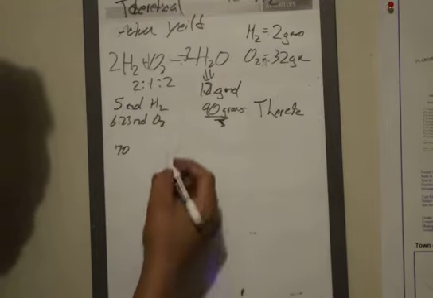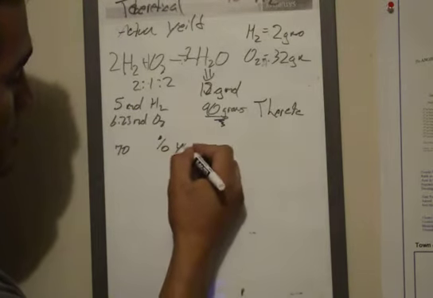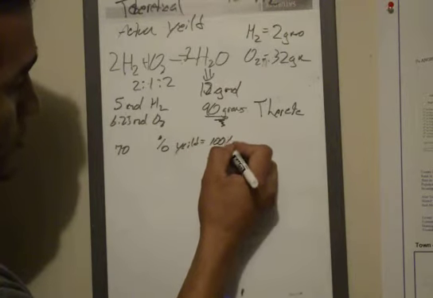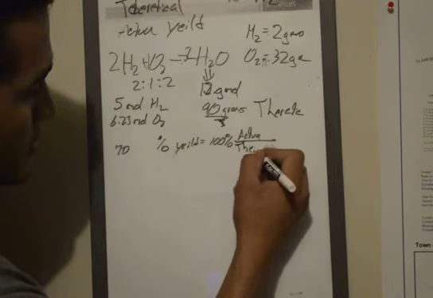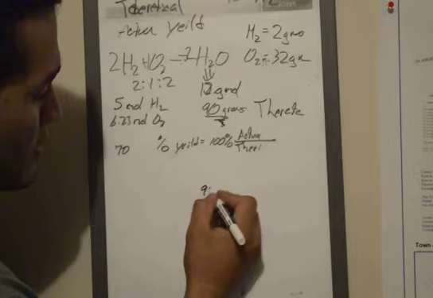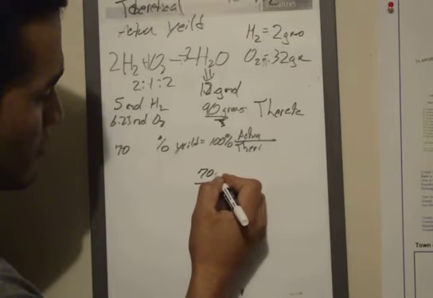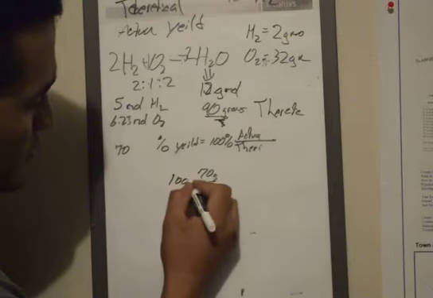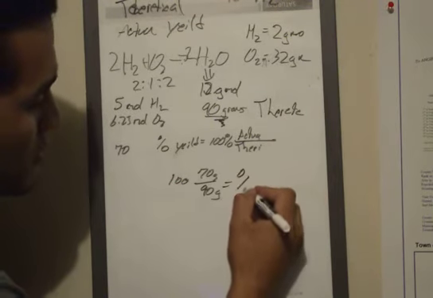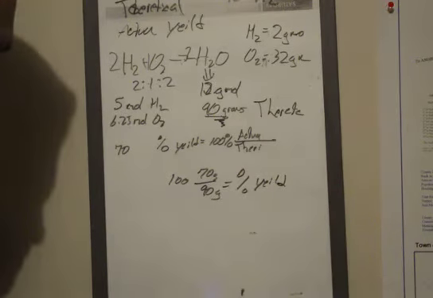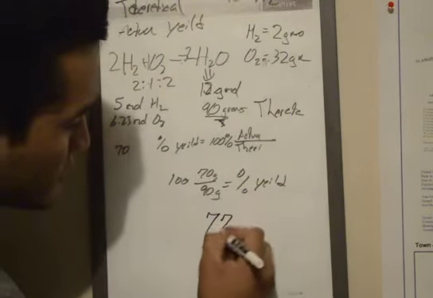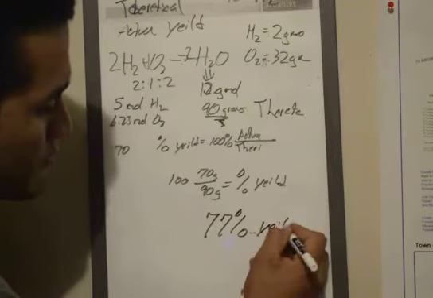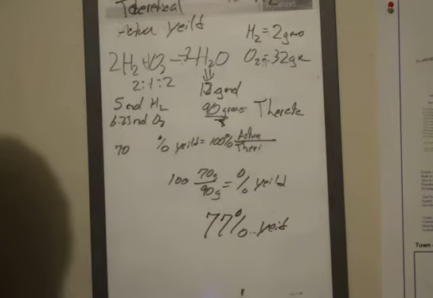The equation for percent yield is 100% times actual over theoretical. Let's plug that in: 90 grams for theoretical, 70 grams for actual, times 100 equals percent yield. 70 divided by 90 is 0.77, times 100 is 77% yield.